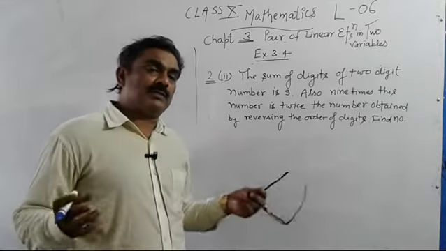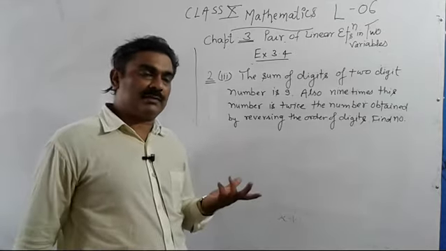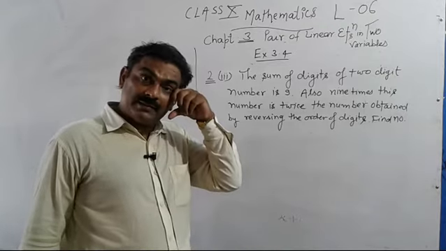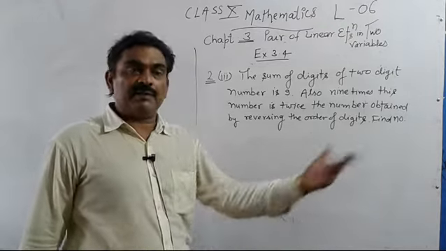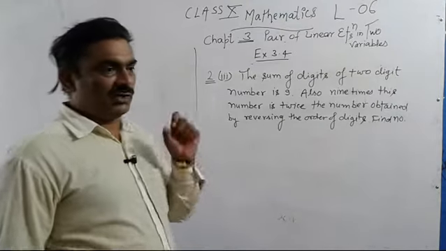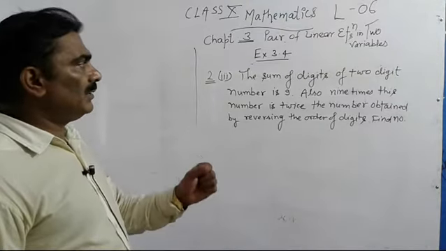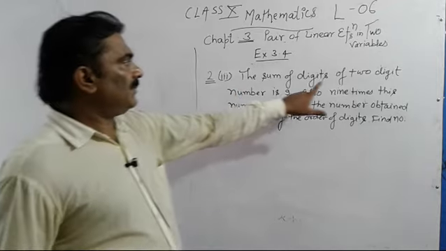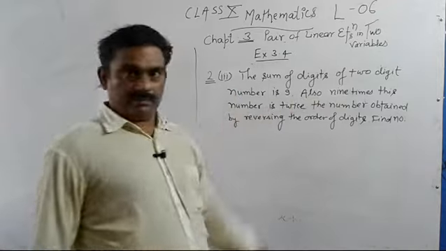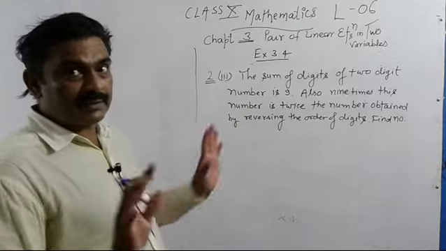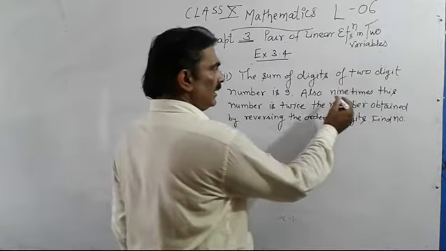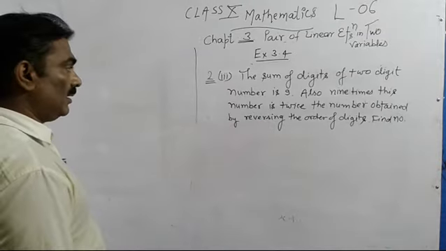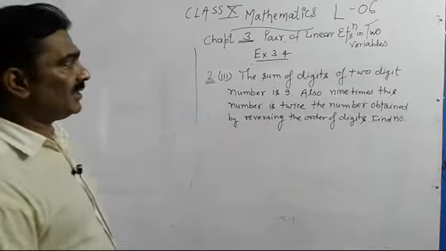Students, in this exercise you will find different types of questions: find fractions, find numbers, find ages, find speed of different objects, etc. So you may be ready to solve these types of questions. Question is, the sum of digits of a 2-digit number is 9. First sentence, and also 9 times this number is twice the number obtained by reversing the order of digits.